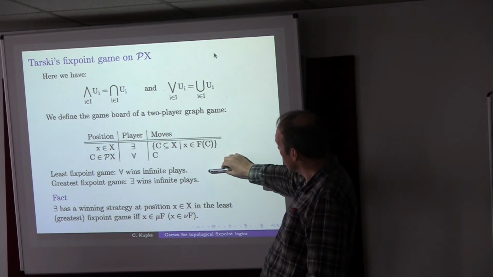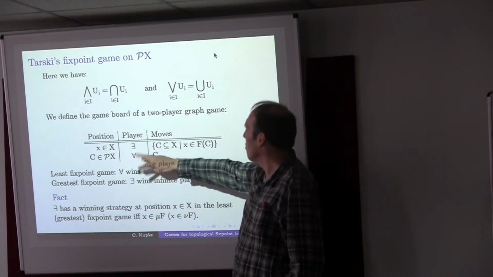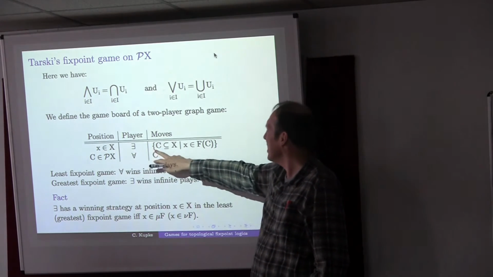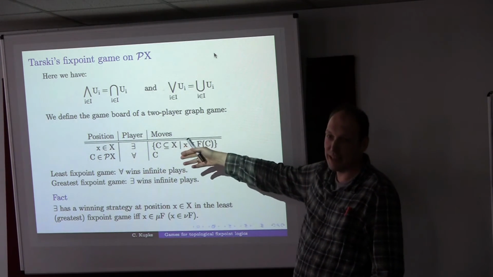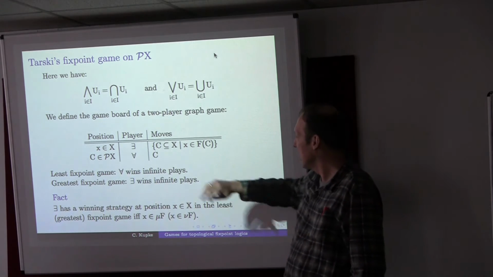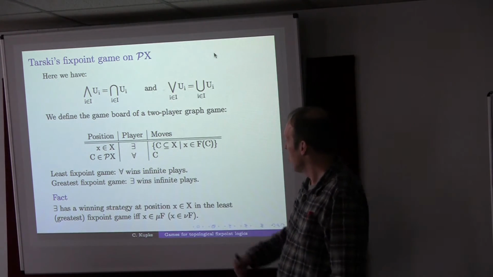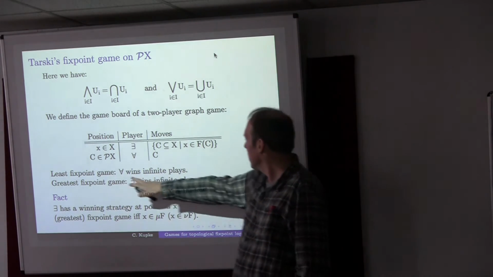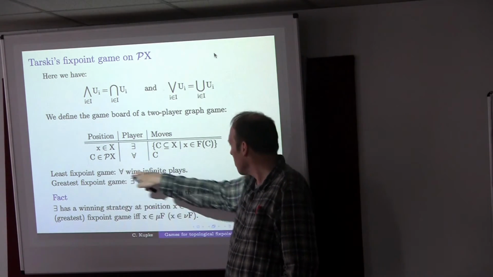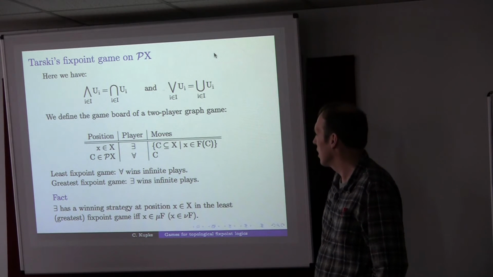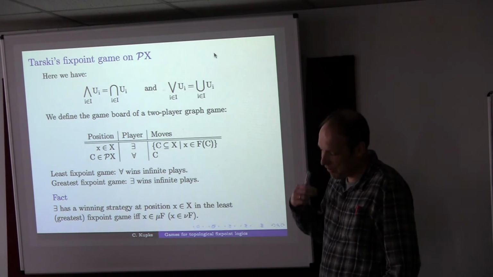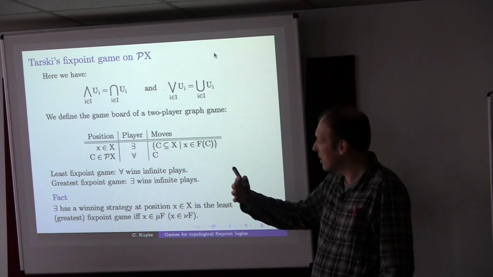The rules are always the same. In the least fixed point game, whoever gets stuck loses: if Eloise couldn't find any such C, for example, she loses the game immediately. Similarly, if Abelard cannot pick anything, he also loses immediately. But for infinite plays, in the least fixed point game, Abelard wins. So if he can ensure that the game goes on forever, he wins.